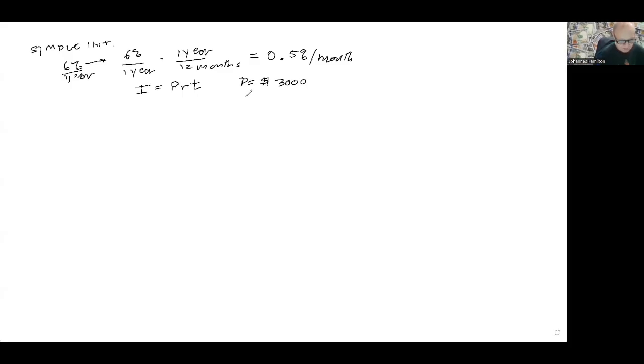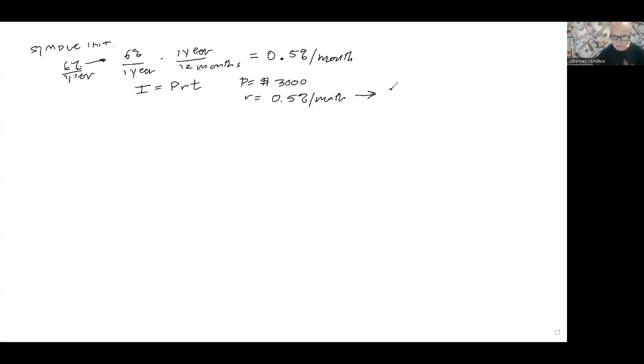The rate we found was 0.5% per month, but we have to convert that into a decimal.